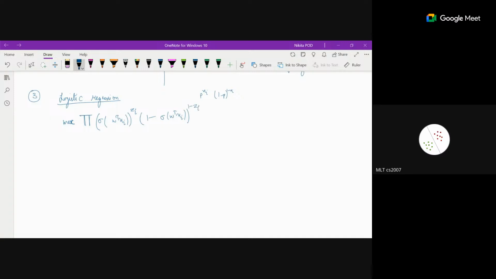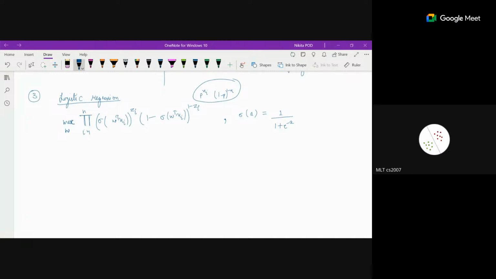We were trying to maximize with respect to W, with i varying from 1 to n. All right, this was our problem. And how was this logistic function defined? Sigma of A is nothing but 1 upon 1 plus e to the power minus A, right?